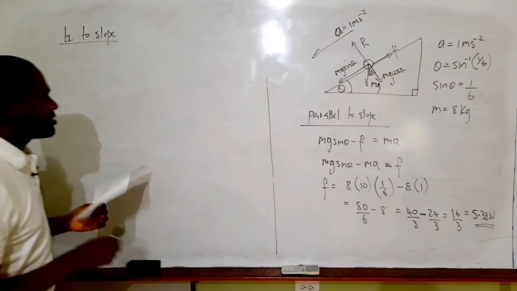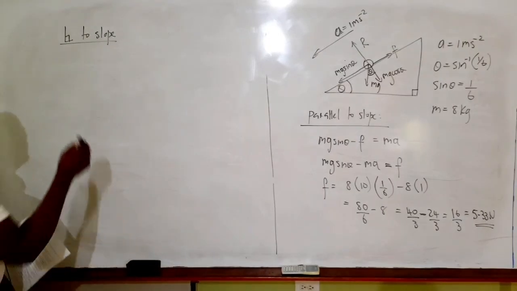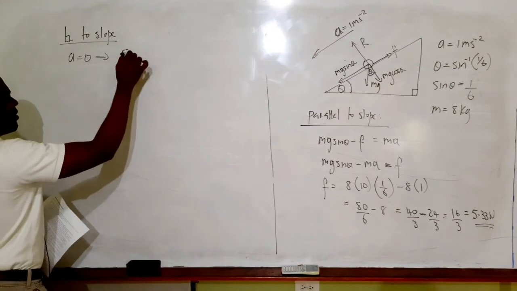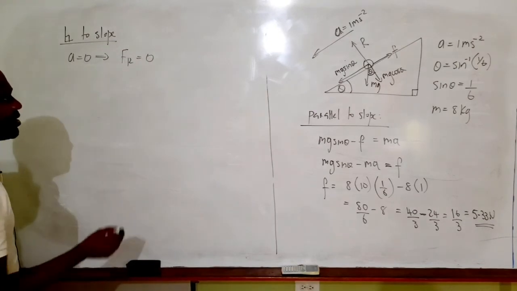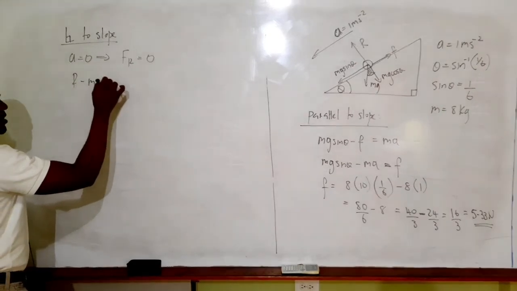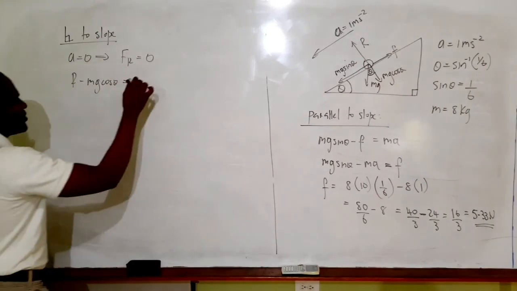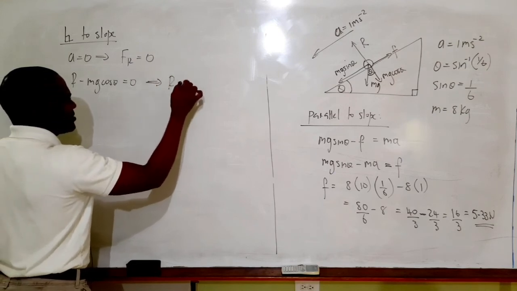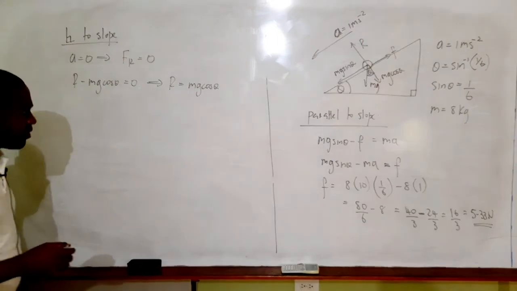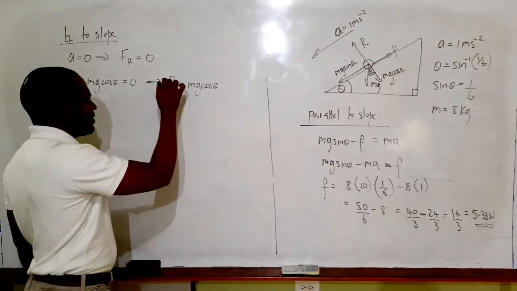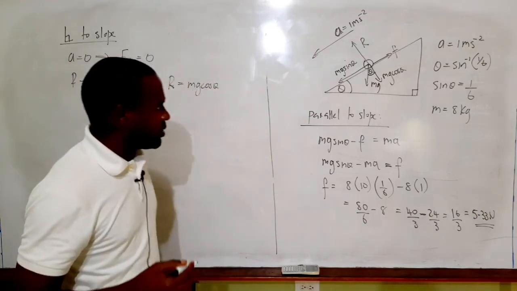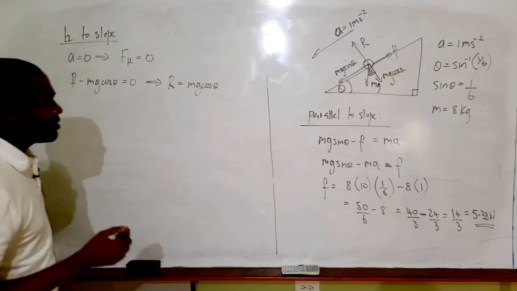So we're going to assume that acceleration equals 0, and so therefore the resultant force along that direction is equal to 0. And so we can say that R minus mg cos theta is equal to 0, which therefore means that R is equal to mg cos theta. So that will allow us to find the reaction, and that therefore will then allow us to find the coefficient of friction. Now, do we know the value of theta?